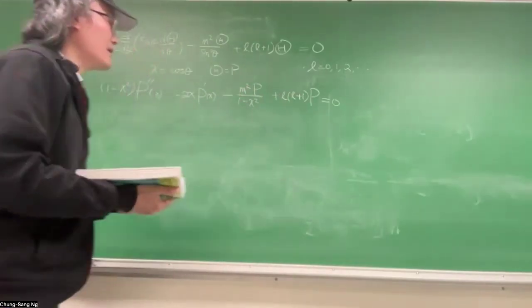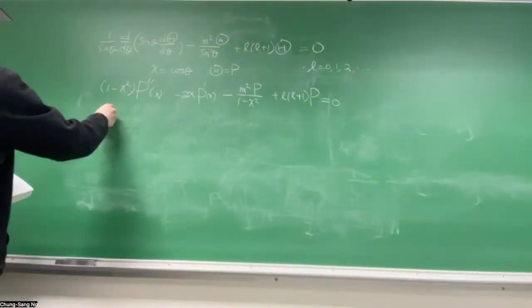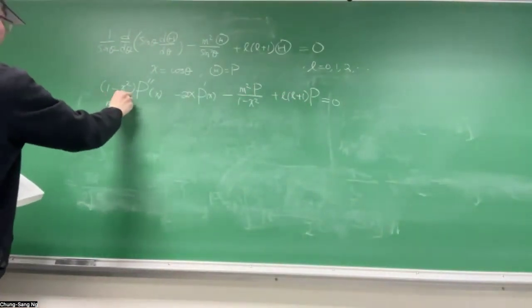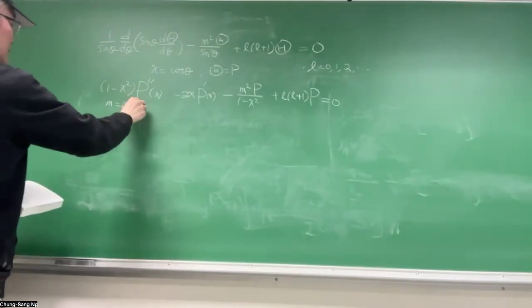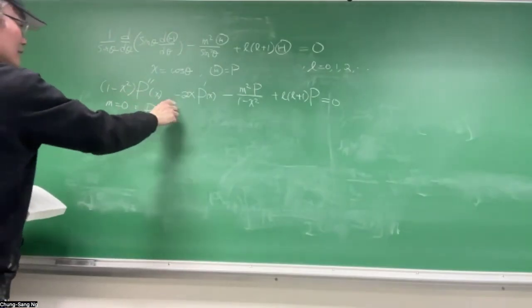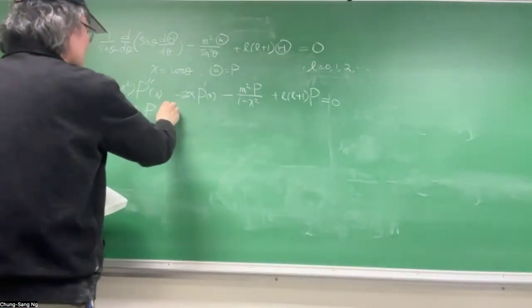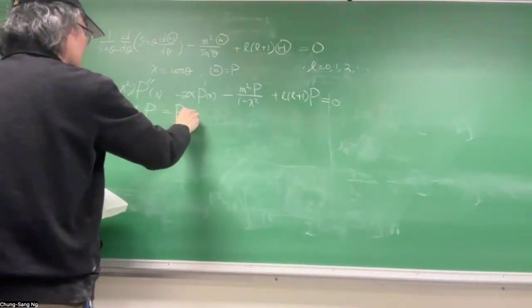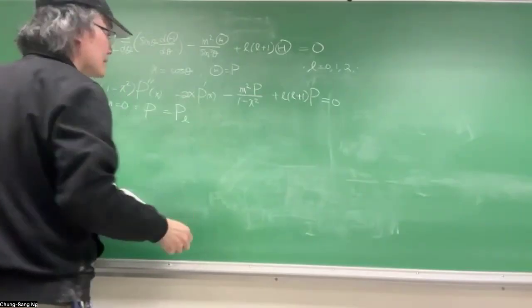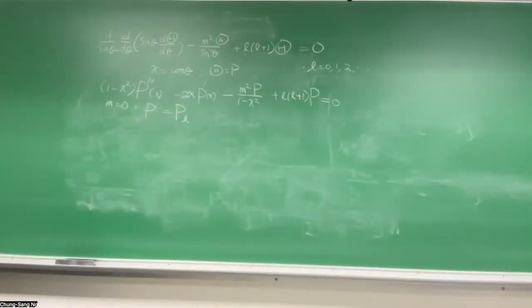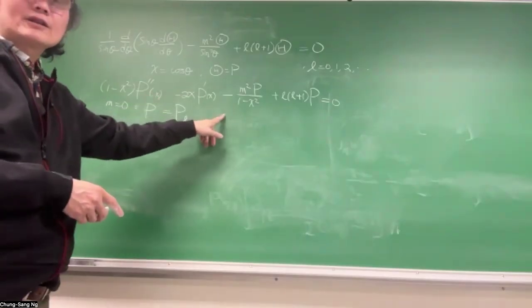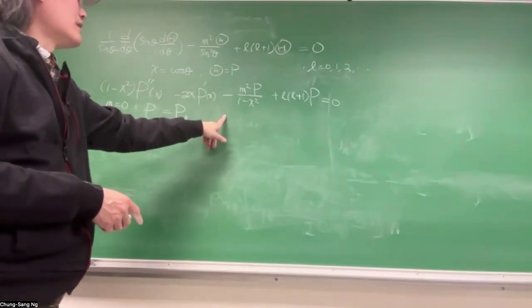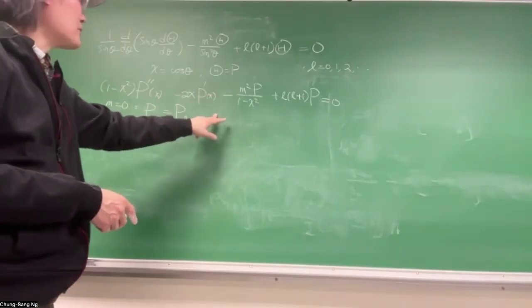Okay, so there are two cases. First you consider m equals 0. For given L, the solution is P sub L, right? And then obviously this is a second order equation, so there should be another solution. There should be two solutions.